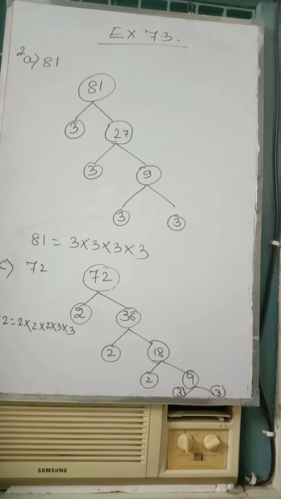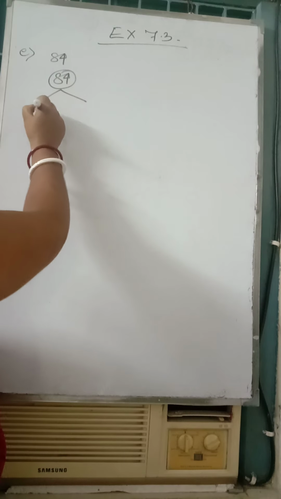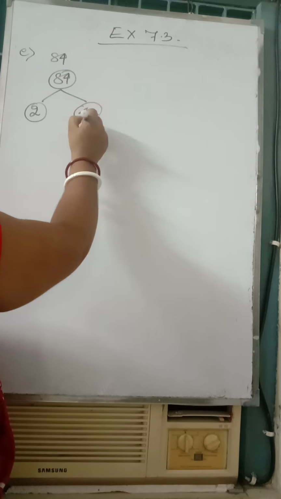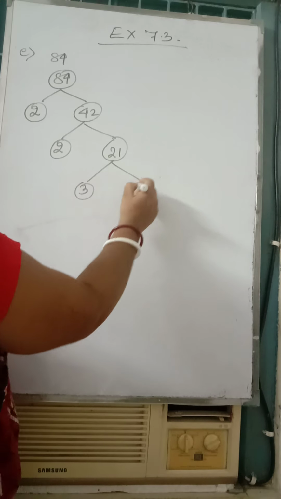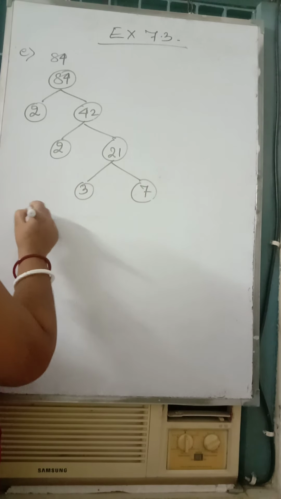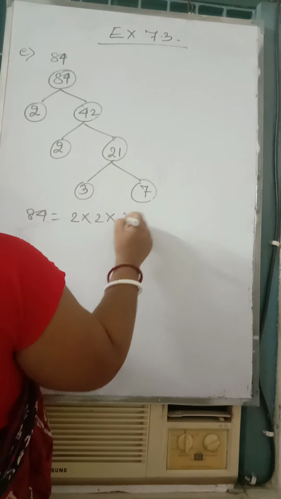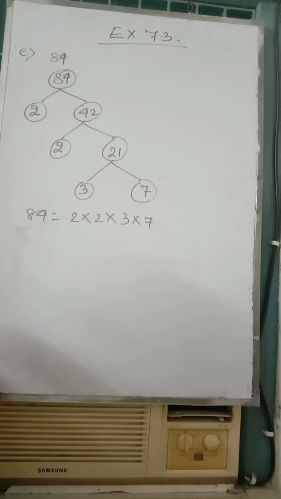So we'll write 84, divisible by 2. So 2 into 42, 2 into 21, 3 into 7. So what do we get? 84 is equal to 2 into 2 into 3 into 7.